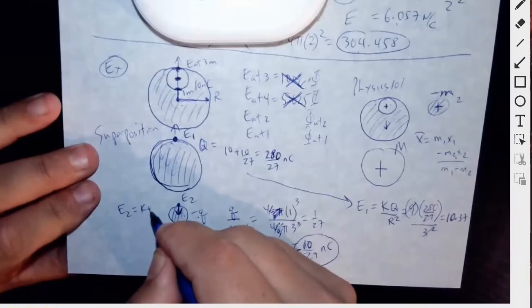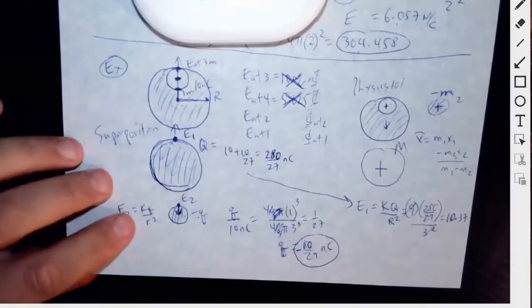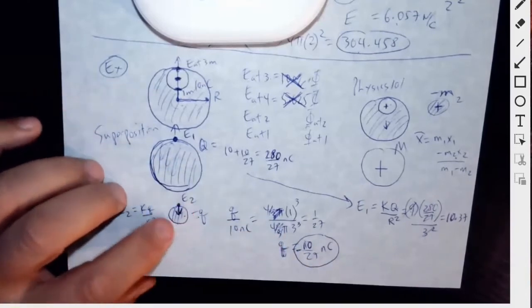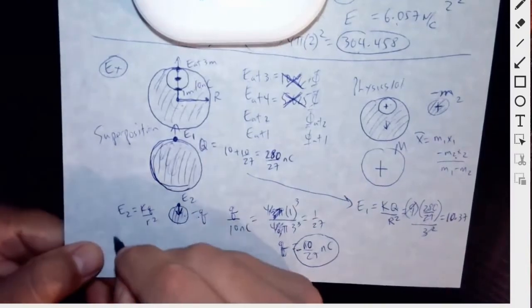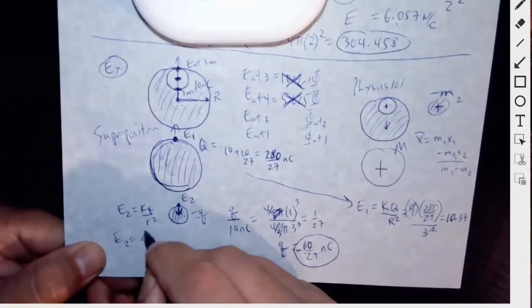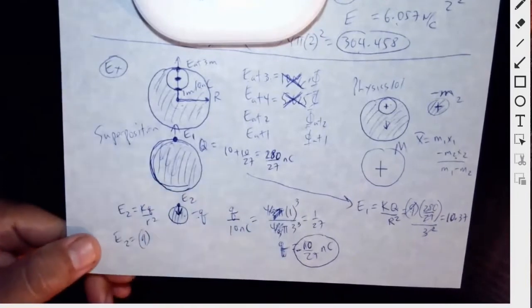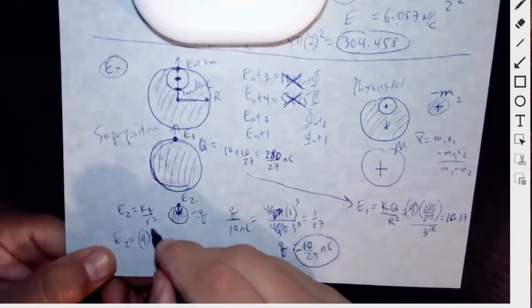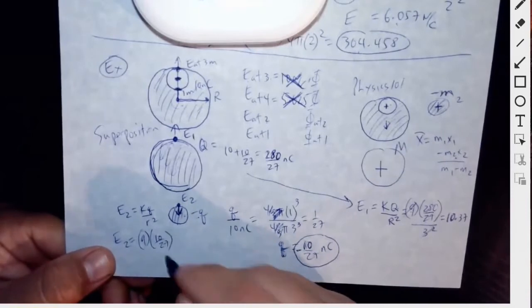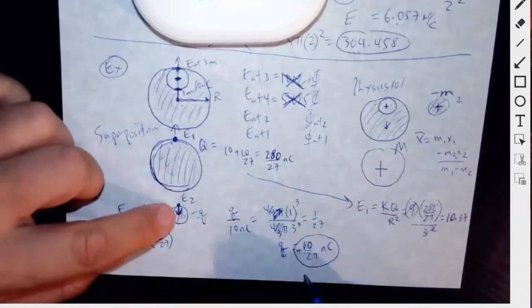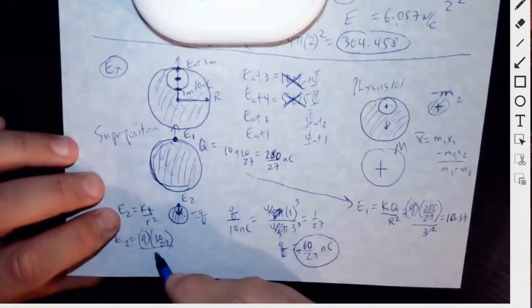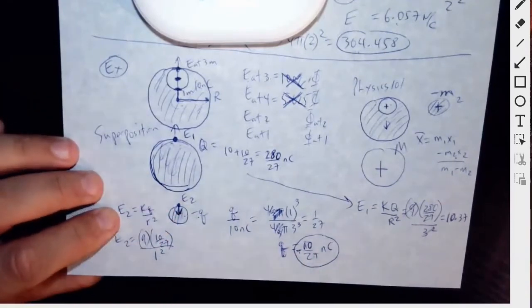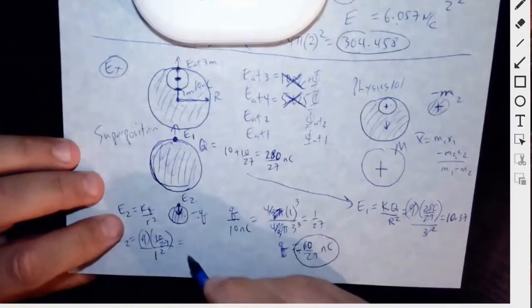K Q over R squared. Since I'm at the surface, I can just use the equation for the surface of a sphere. So then it'll be 9, and then the Q is going to be 10 over 27. And the fact that it's negative, I've already taken care of it by drawing it down. Over what's its radius? 1. Okay, so then what is that?